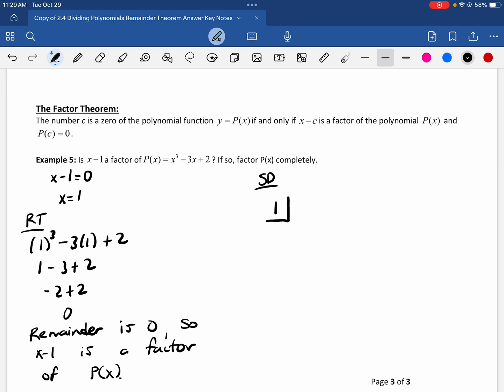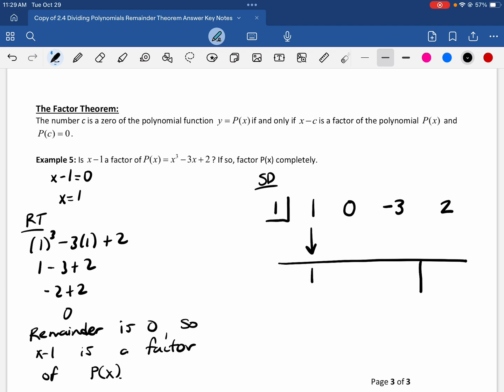So we know we're dividing by 1, because that's what was x minus 1 that we were dividing by. I have a 1 for the coefficient of x cubed. It did skip the x squared, so I'm going to put a 0 in, then a negative 3, and then a 2. Draw my line to set up the rest of my problem.